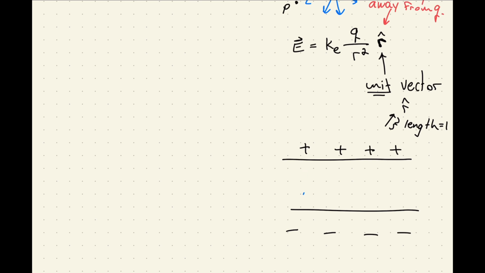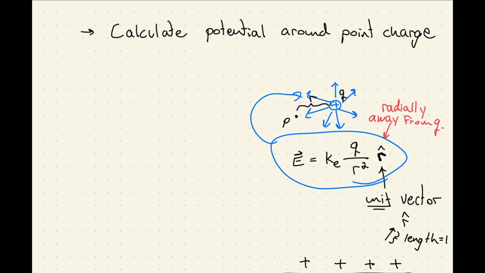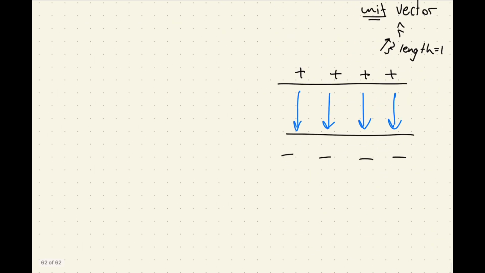Oh, sorry, it is normally going from the positive charge into the negative charge. So this electric field does not have this kind of format, because the electric field over here is for a positive point charge. So the electric field will be different in this region here. I don't know what it is, but it's going to have some strength like this, and it's going to have some direction.